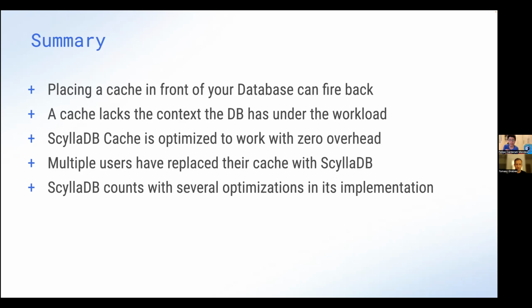We have also seen how the ScyllaDB internal cache works and how and why multiple game changers replaced their external cache with ScyllaDB. Lastly, we walked through some optimizations and features which make our database on par, both from a performance standpoint, but also with feature parity with other competitors.